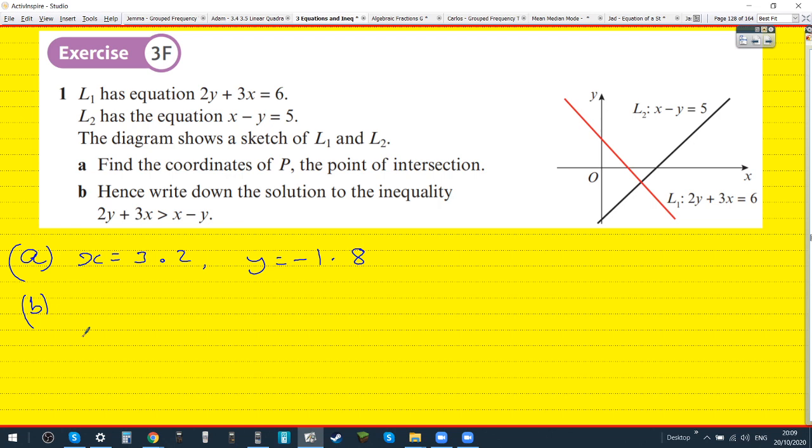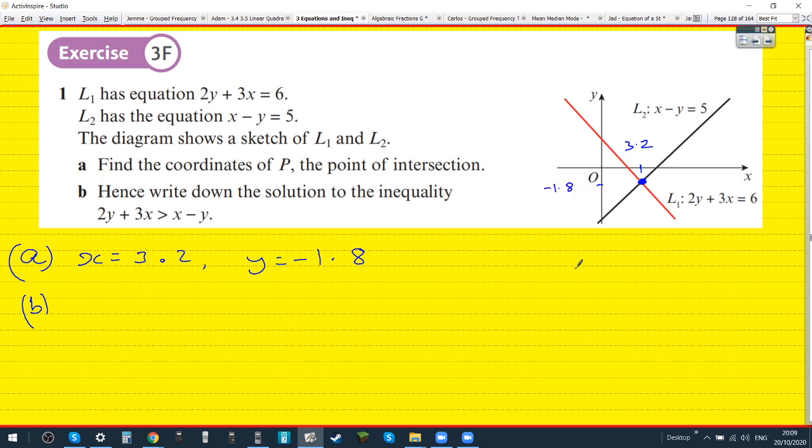So it would be written out as minus 1.8 and then is lesser than 3.2.